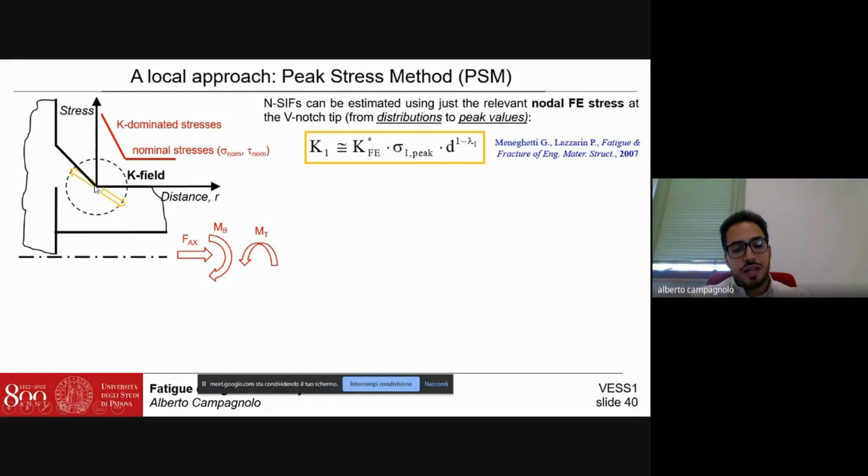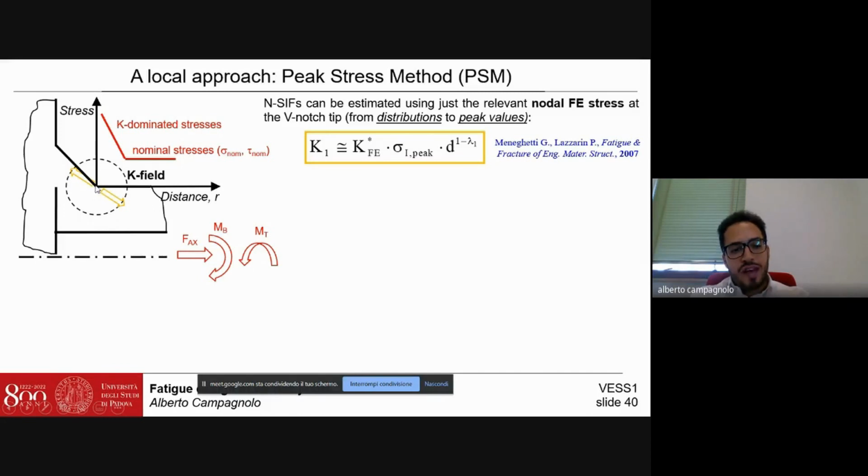On the other side, it requires to model the worst case scenario, which is the sharp notch present at the weld toe side. After having modeled the sharp notch at the weld toe side, we can perform a finite element analysis with a very coarse mesh, and after that we can calculate the peak stress directly at the toe side.